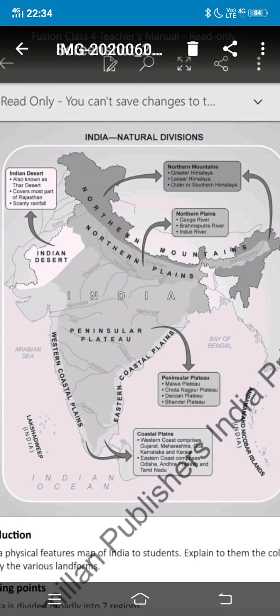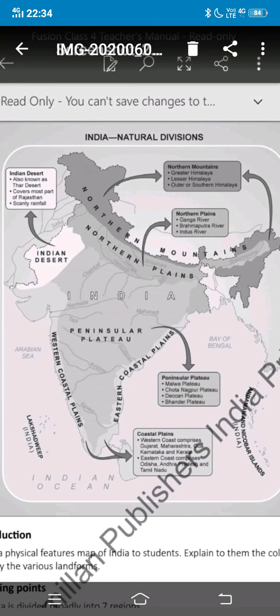But do you know? We even have cold deserts like Ladakh in our country. In fact, the continent Antarctica is fully a cold polar desert. And we also have a desert in India, that is Rann of Kutch, which is covered with salt marshes.